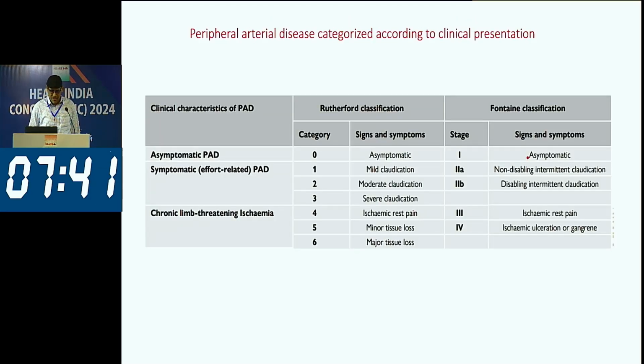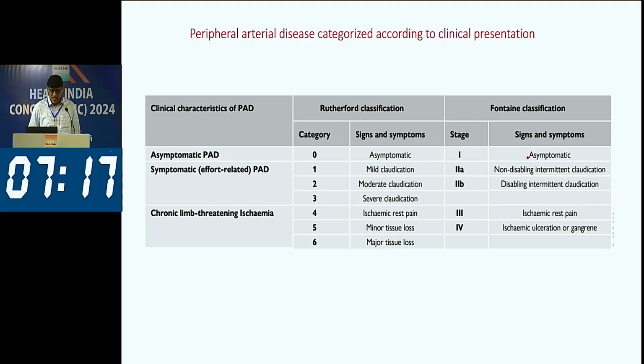Coming to the clinical presentation, this has been classified by two classification systems, the Rutherford and the Fontaine classification, and these classify patients of PAD into asymptomatic PAD, symptomatic effort-related PAD, or chronic limb-threatening ischemia, according to the severity of the peripheral arterial disease, from category 0 to 6.